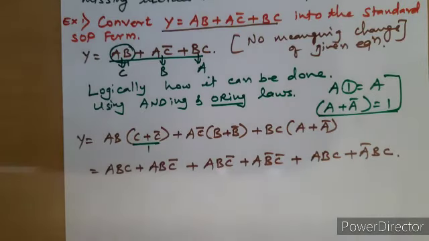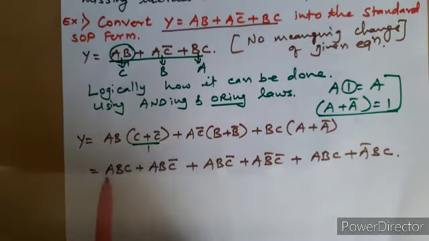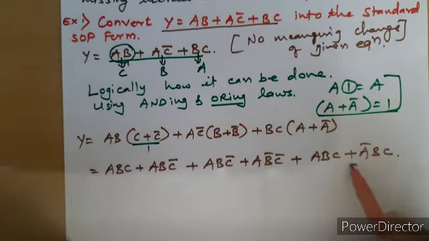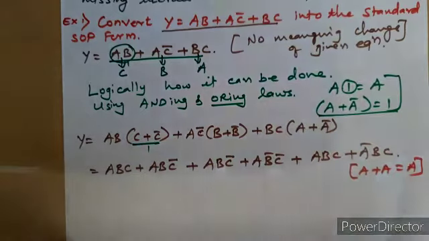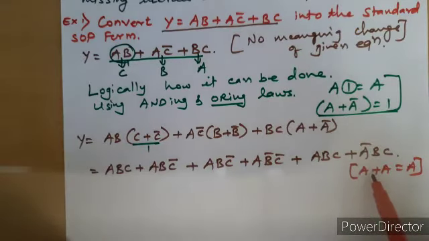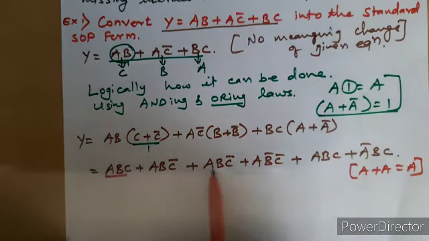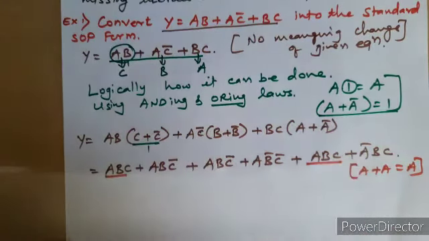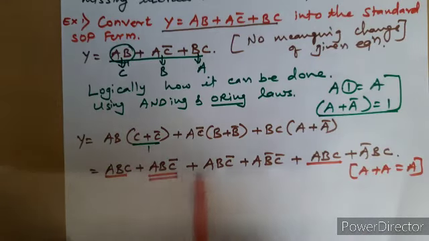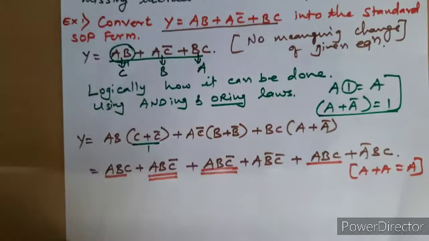Now here you have to find common terms. By the laws, A plus A is equal to A, meaning a term ORed with the same term will give that term itself. We have ABC here and ABC here, ABC bar here and ABC bar here.